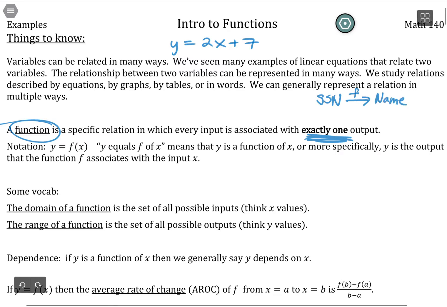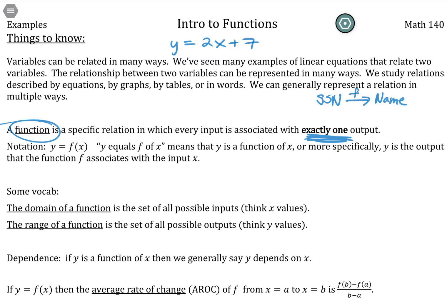So the question, is it a function or is it just a relation, says if I plug in a social security number, should I expect to get exactly one name back? And the answer is hopefully yes, that is the plan. Social security numbers are unique, so there shouldn't be more than one person with the same social security number. So notice there's a direction on my arrow. This isn't a back and forth. I pick a social security number, I get one name back.